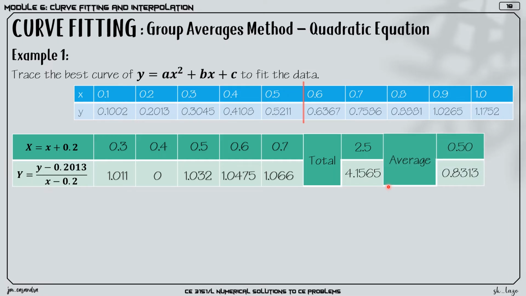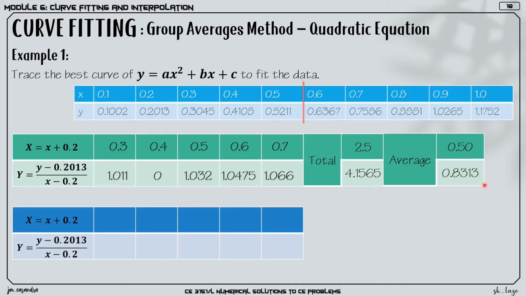We have a total of 5 coordinates for our first half, so we'll be able to solve for the average: 0.5 and 0.8313. Next group, we have 0.6 until 1. The new values of x using this equation are 0.8, 0.9, 1.0, 1.1, and 1.2.